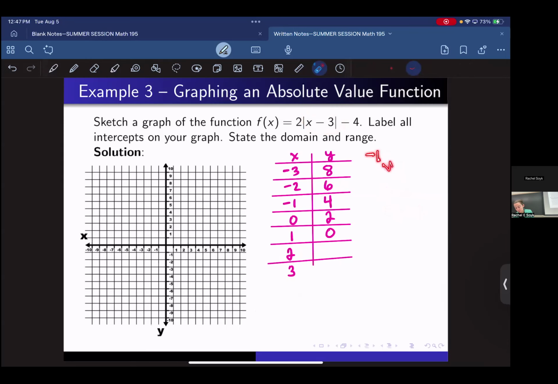Absolute value is +1 times 2 is 2, minus 4 is -2. And then we have 3 minus 3 is 0. Absolute value 0 is 0 times 2 is 0, minus 4 is -4.